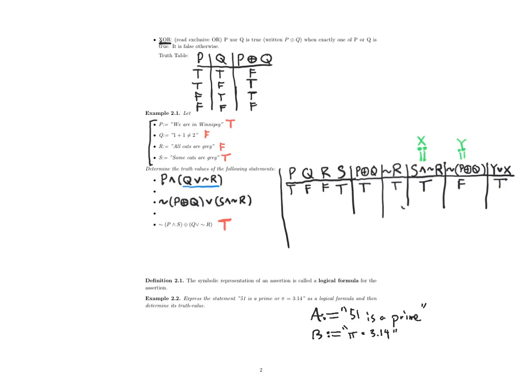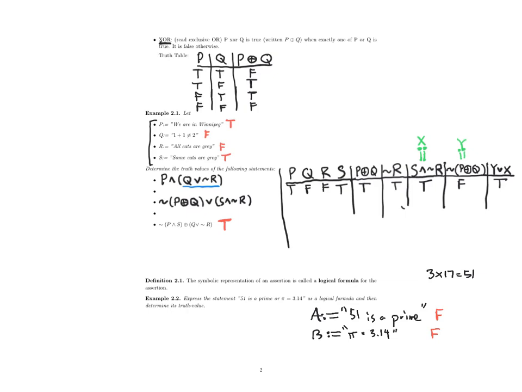Well, let's determine the truth values of these statements. They're statements, so they have truth values. Is 51 prime? Well, I will tell you that 3 times 17 is 51. So I wrote 51 as a multiplication of two numbers that are not one in itself. So it's not prime. So 51 is a prime is a false statement. And from the previous slide, we know that pi doesn't equal 3.14.